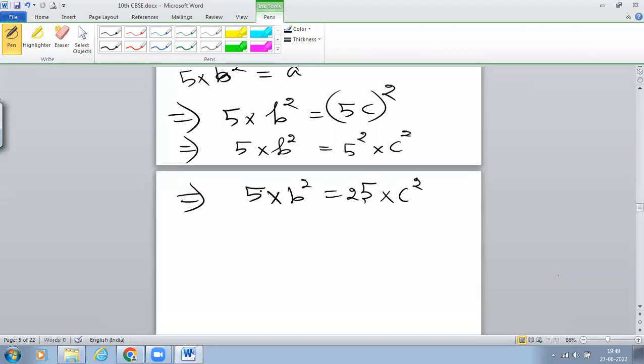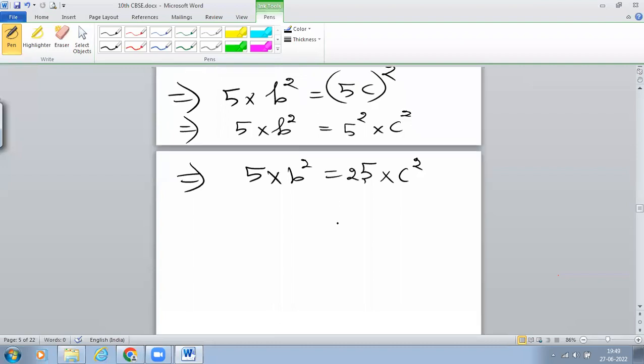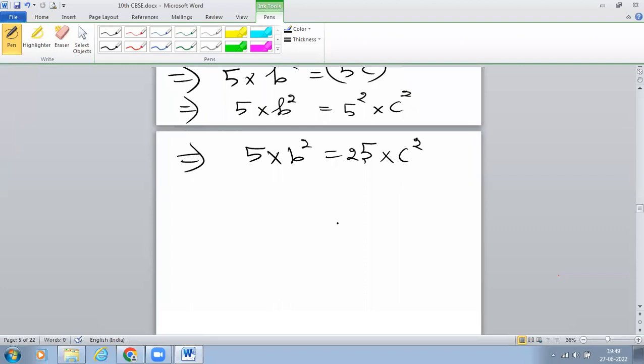Now I'm going to take this 5 to the right hand side. This 5, which is in multiplication, taken to the opposite side becomes division. So B square is equal to 25 into C square divided by 5. 5 ones are 5, 5 5s are 25.